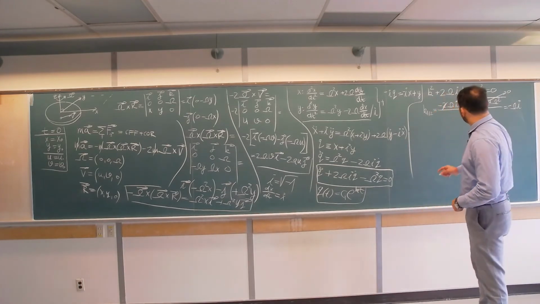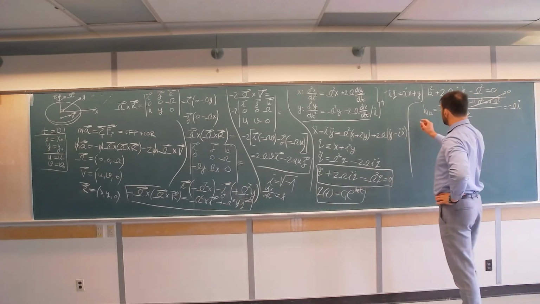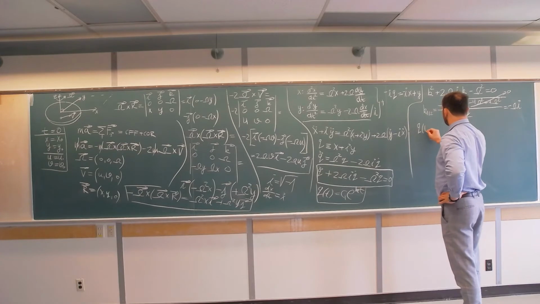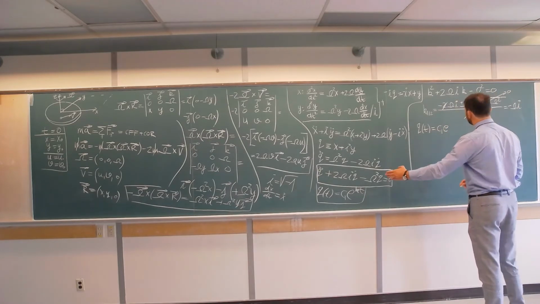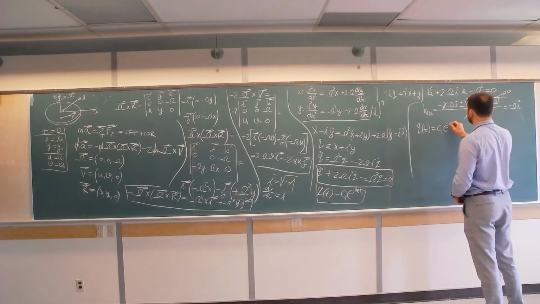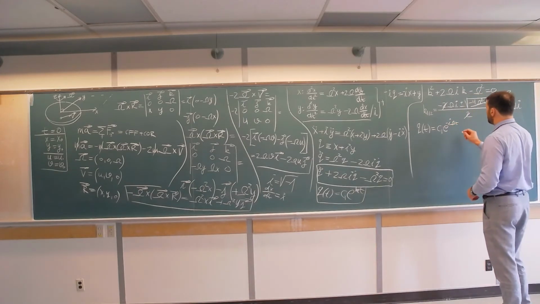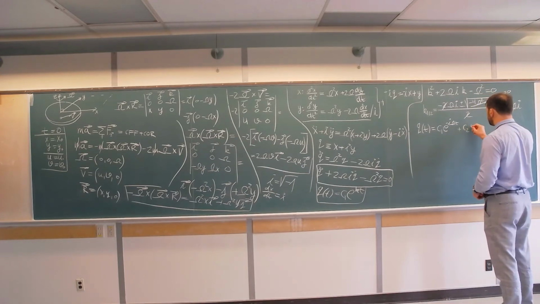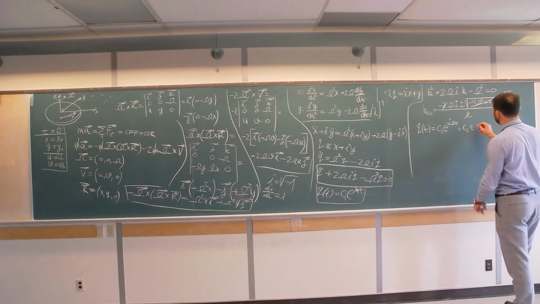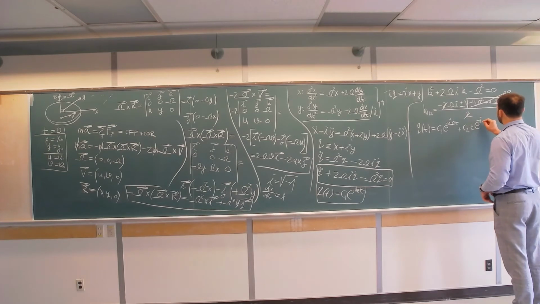Now again, you have to know if the characteristic equation has 2 same solutions, then the general solution q of t is equal constant, let's say C1 e to k, and that would be minus i omega t, plus some other constant C2 times t, independent variable, times e to this k, minus i omega t.